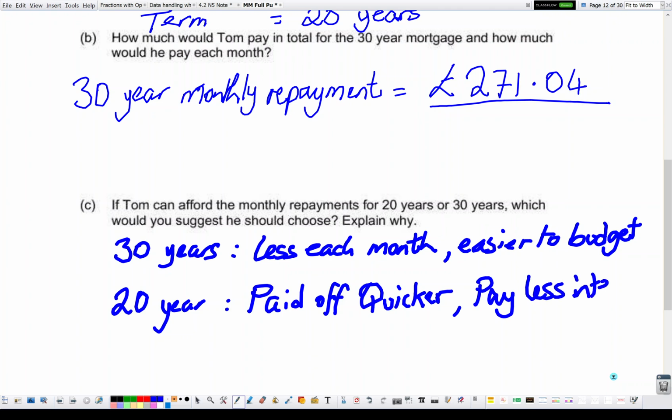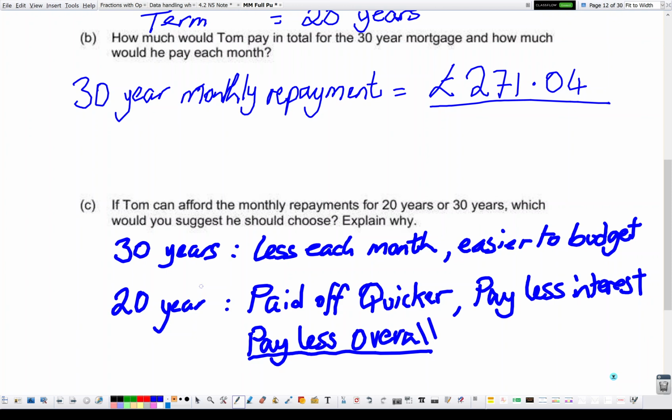The quicker you pay it off, the less interest you pay. What that means is if you do it over 20 years, you actually will pay less overall, right? If you do it over 30 years, you'll end up paying more overall. That's how this works. So the longer you take to pay it back, the more you end up actually paying.